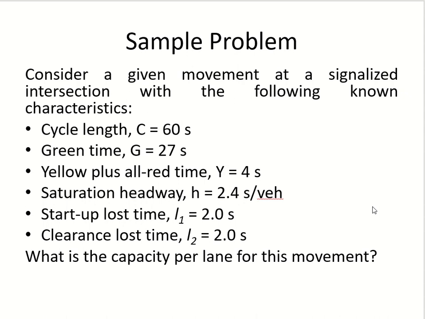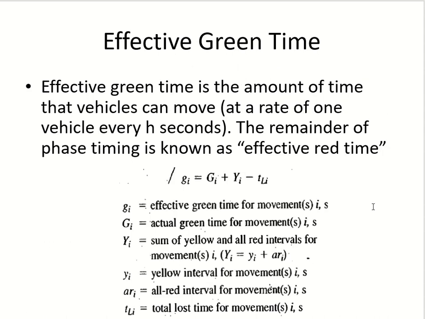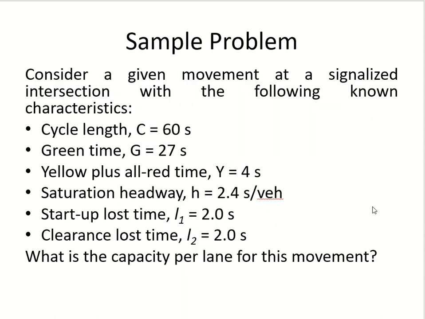We have green time of 27 seconds. Capital G means actual green. And then we have an effective green as well, which is this one. This is effective green. Actual plus yellow plus all red minus loss time. We present it with small g.